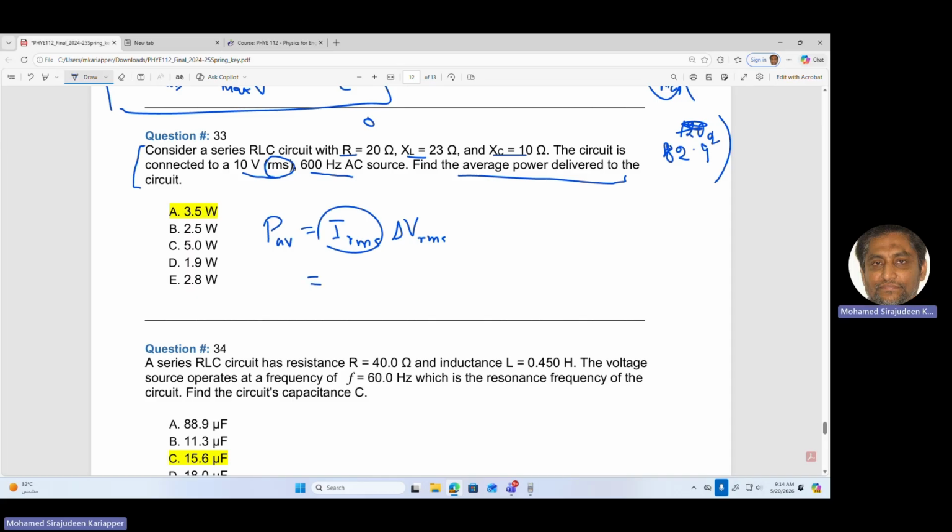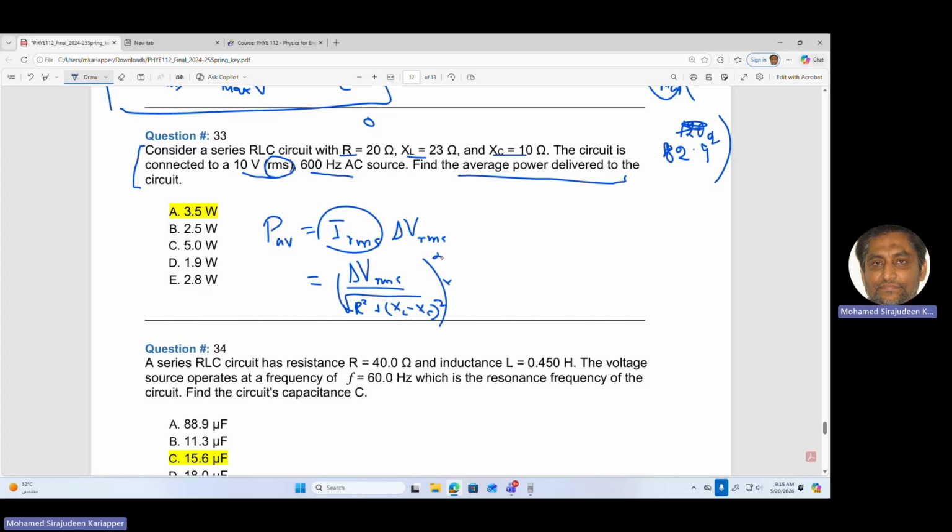This is equal to delta V RMS divided by Z, where Z is the square root of R squared plus XL minus XC, the whole thing squared. Then multiply by the current.